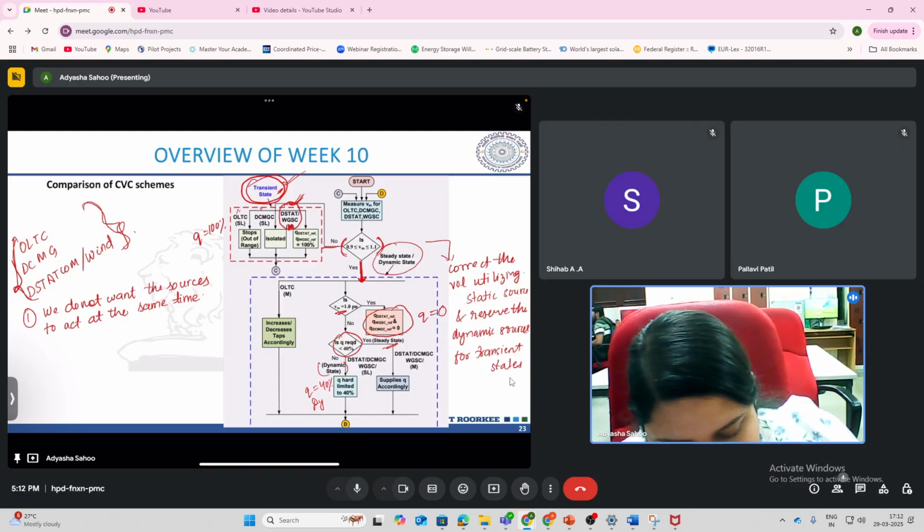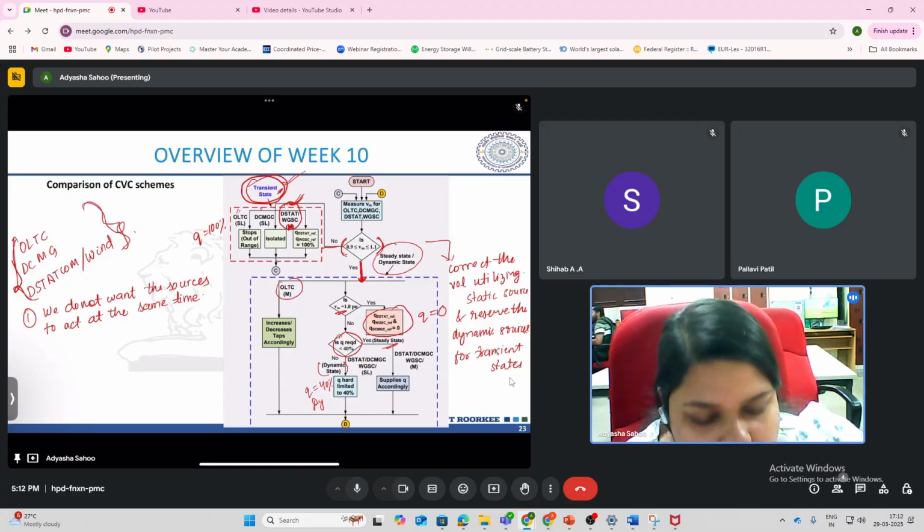So here OLTC, that is the static, is the master, while depending upon the dynamic state, the D-STATCOM, DC microgrid and all are the slaves.